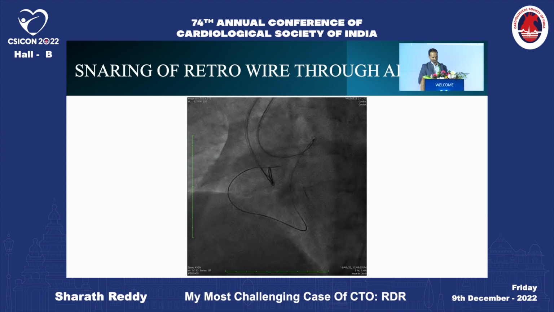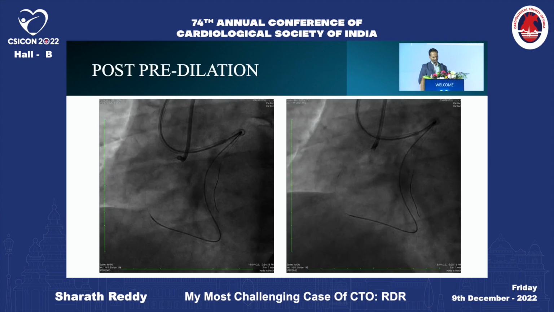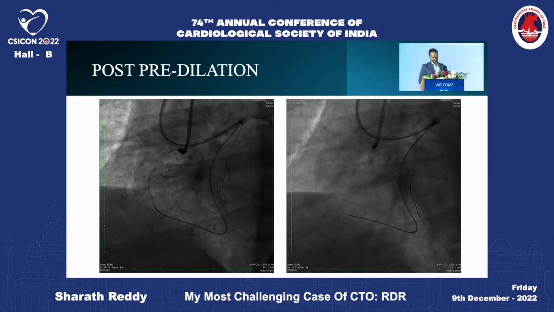And then, as I'm not able to bring the antegrade wire into RCA, I had to snare the retrograde wire. You can see I'm snaring the retrograde wire with a gooseneck snare. And then we pre-dilated.